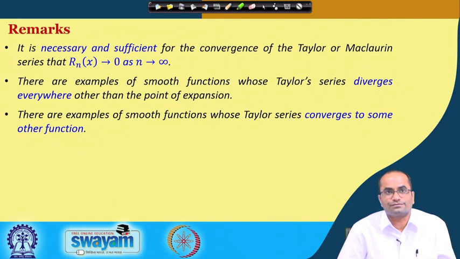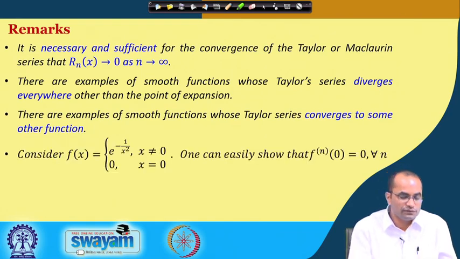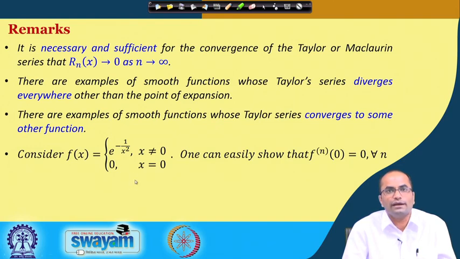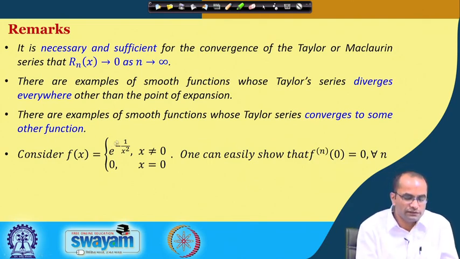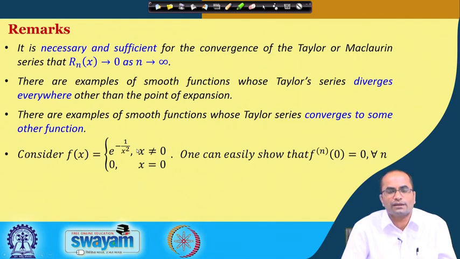And there are also examples of smooth functions whose Taylor series converges to some other function. For instance, take this example: f x is equal to e power minus 1 over x square for x not equal to 0, and 0 for x equal to 0. In this case one can easily show that f n at 0 is 0.